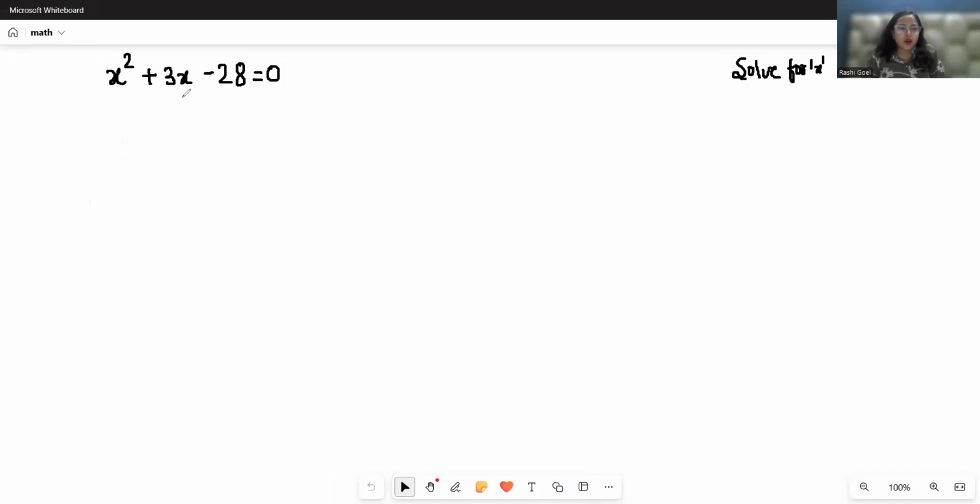So we can solve this by the factorization method. In the factorization method, we have to write two numbers whose sum is positive 3x and whose multiplication is negative 28. So what can be the numbers?